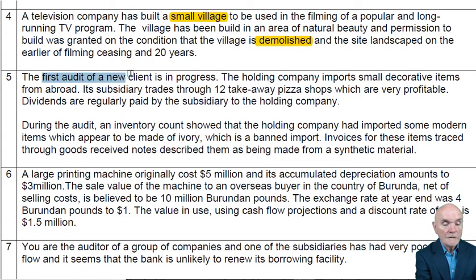First of all, the first audit of a new client increases business risk. You know relatively little about this client or the people involved. You've had relatively little time to judge their integrity and so on. Hopefully we've gone through the right type of procedures to accept the client, that we have done some sort of investigation.